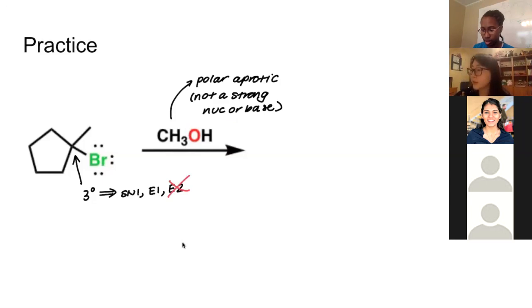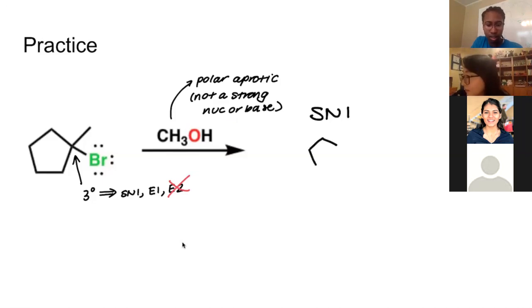So we're actually going to have two reactions. We're going to have the SN1 pathway. I'll draw that bigger. And we're also going to have the E1 pathway.